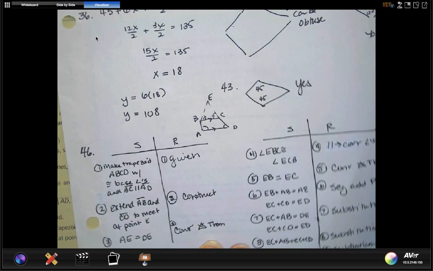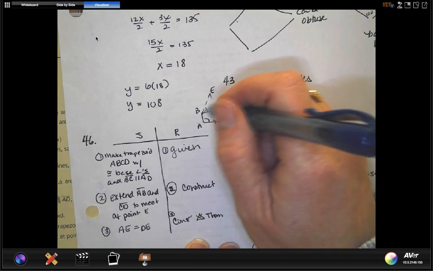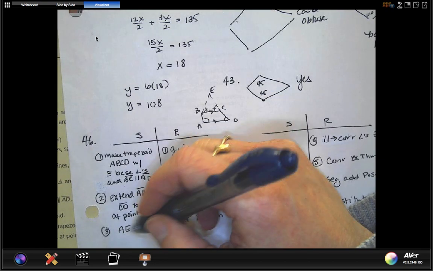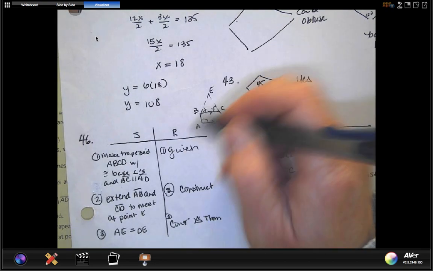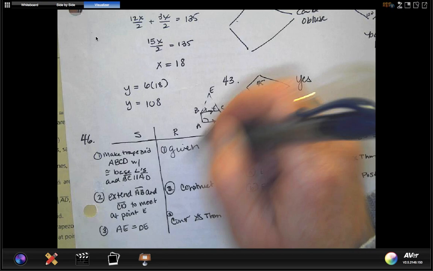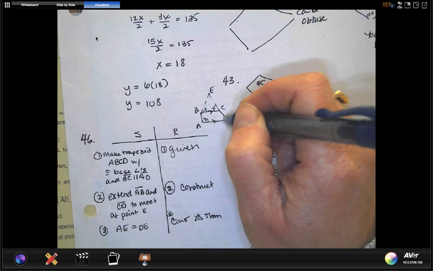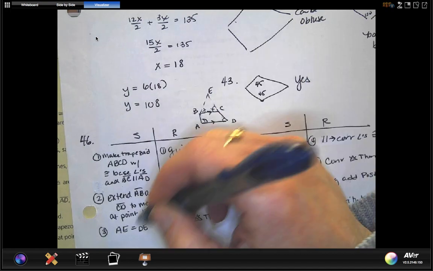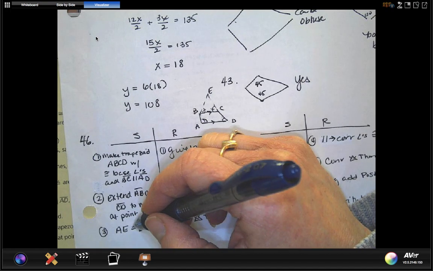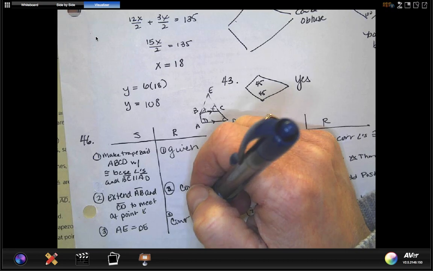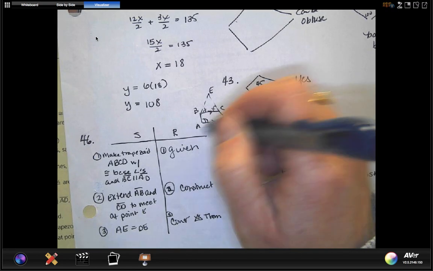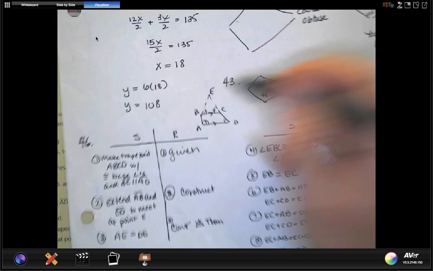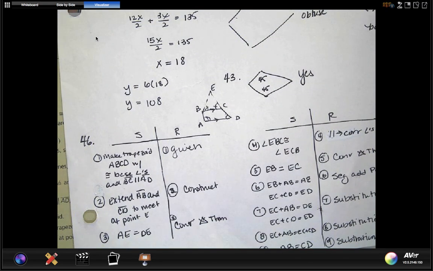It doesn't look like it in the picture, but since these two angles down here are congruent and I have a triangle right here, then AE has to be equal to DE because of the converse of the isosceles triangle theorem, so if your base angles are congruent. So AE is equal to DE.